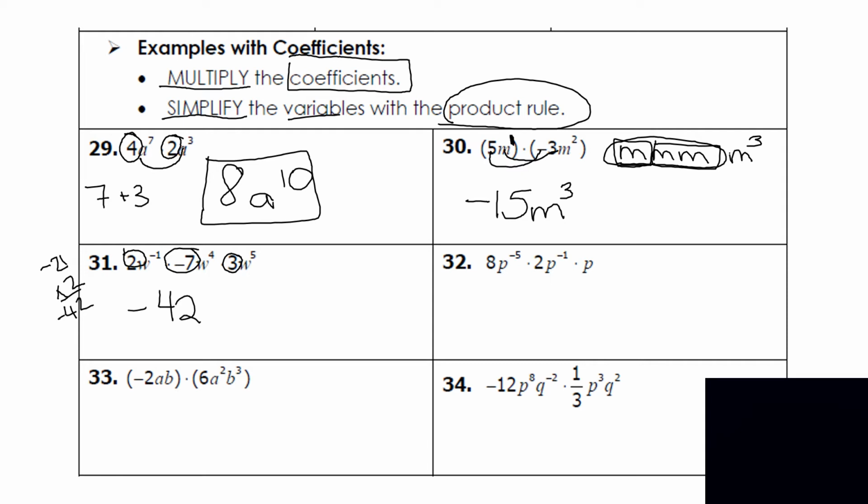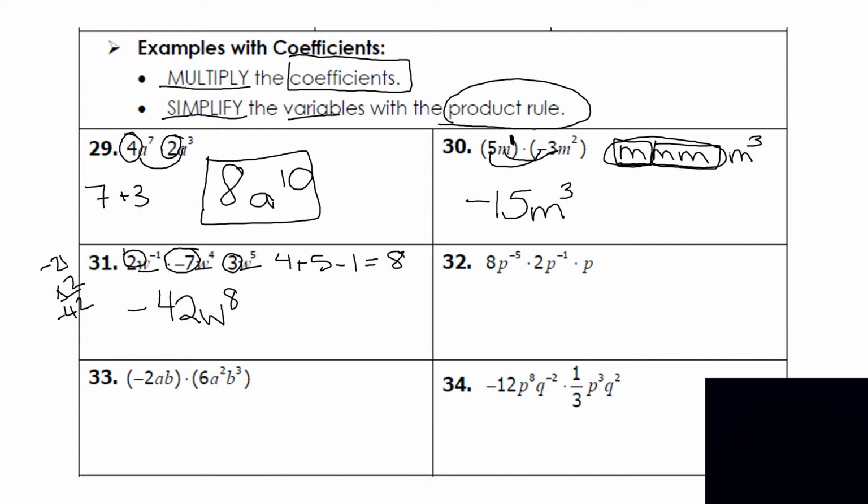So my coefficient is -42. Now I have w to the -1, w to the 4th, w to the 5th. Easily, real quick here, 4 plus 5 minus 1. So 4 plus 5 is 9, minus 1, 8. So -42, w to the 8th.